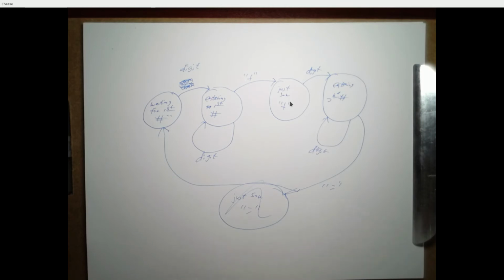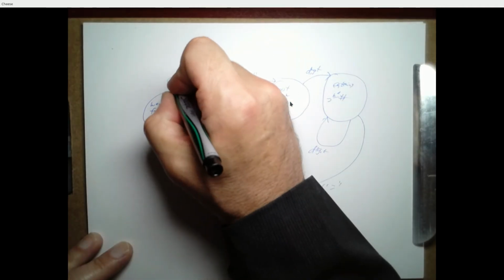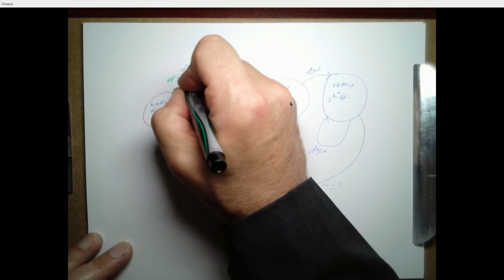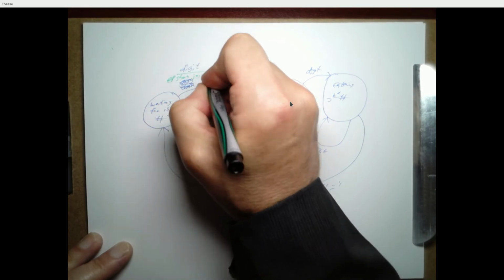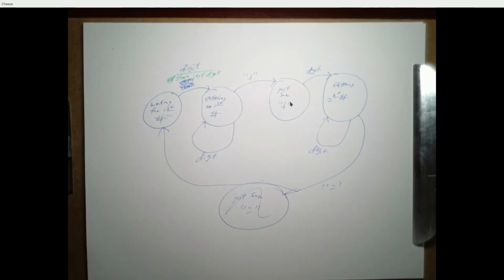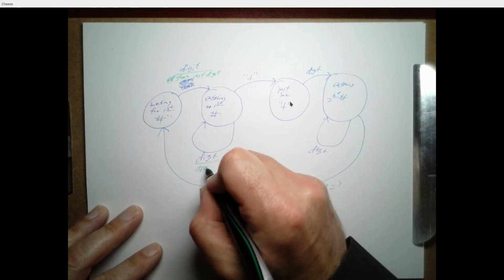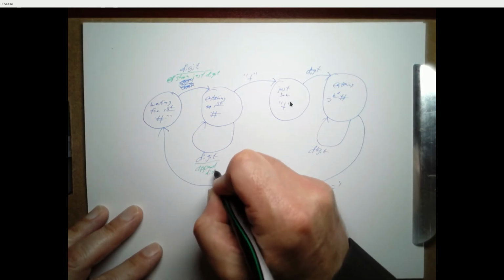So we could put some outputs on here if we want. So here we're going to show just the digit. Here we're going to append the digit.